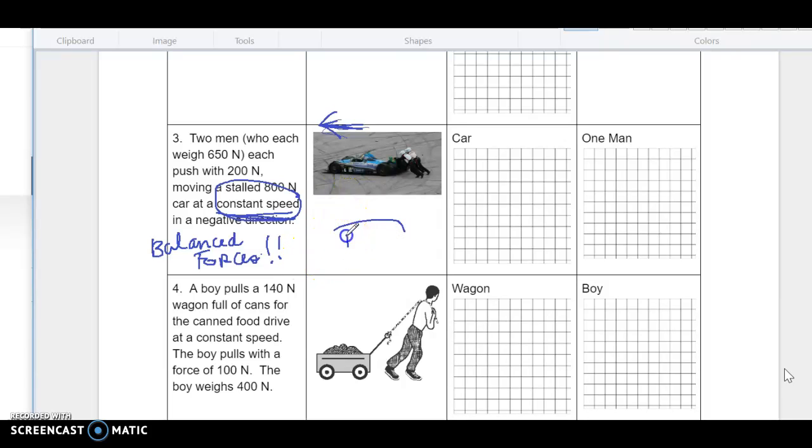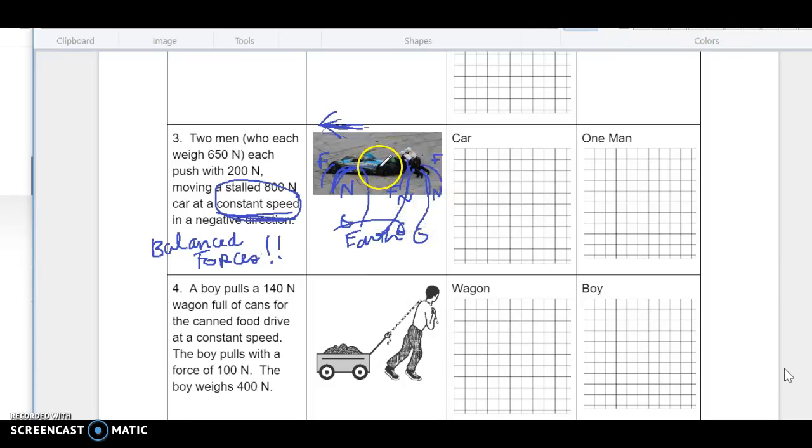All right, so let's look for an interaction diagram. So here's the Earth. The car to the ground has a normal, as do each of the guys pushing. And since it's moving, they're each also going to have a friction, and they're each going to have a gravity. This is getting confusing.